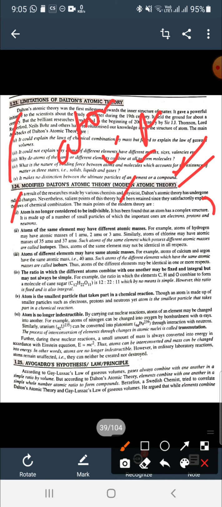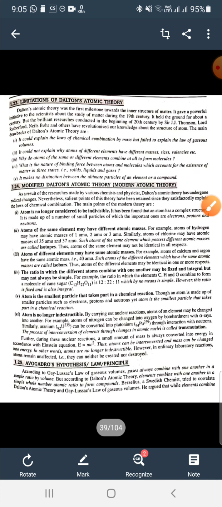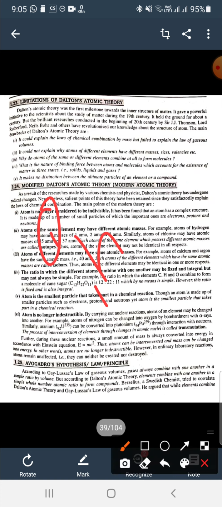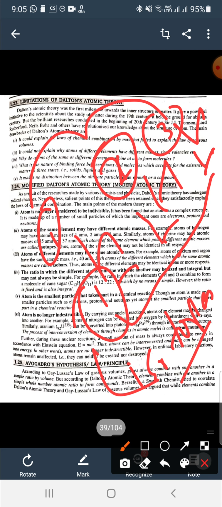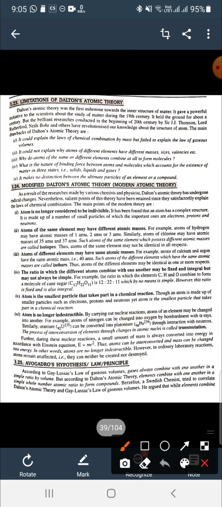The second point is that atoms of the same element may have different atomic masses. As you see, hydrogen has atomic number one and one AMU mass, and sometimes it has 2 AMU, but the atomic number is always the same. But the atomic mass can be different for different atoms of hydrogen. These particular types are called isotopes. So the same element can have different masses.